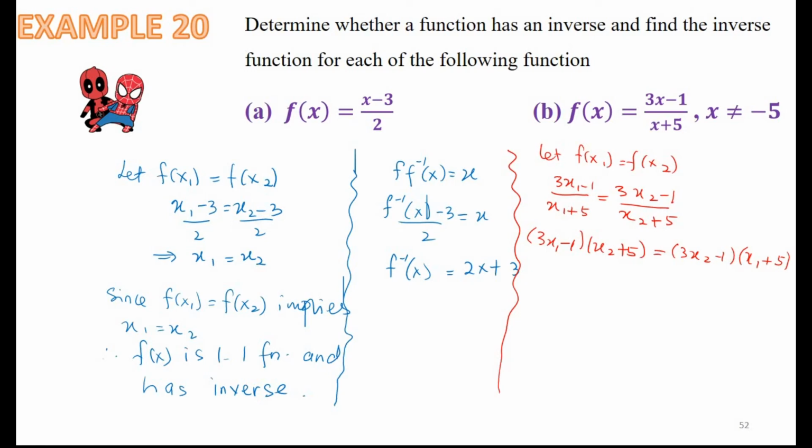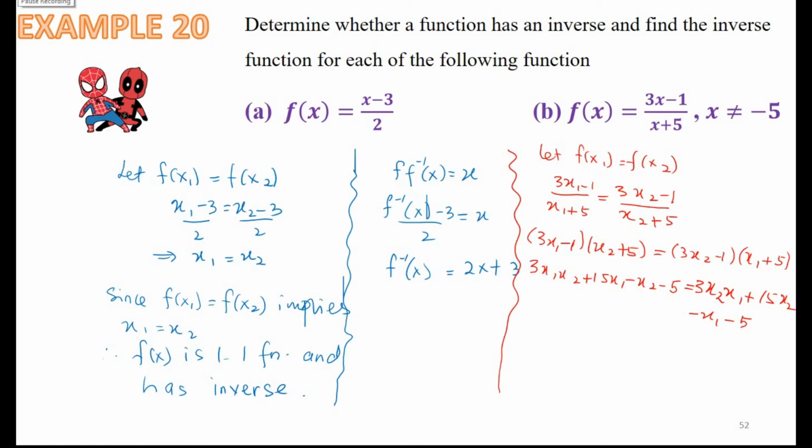Now you have to expand this one and simplify. Then you will get this: 3x1 times x2 plus 15x1 minus x2 minus 5 at the left hand side. At the right hand side, you will get 3x2 times x1 plus 15x2 minus x1 minus 5.